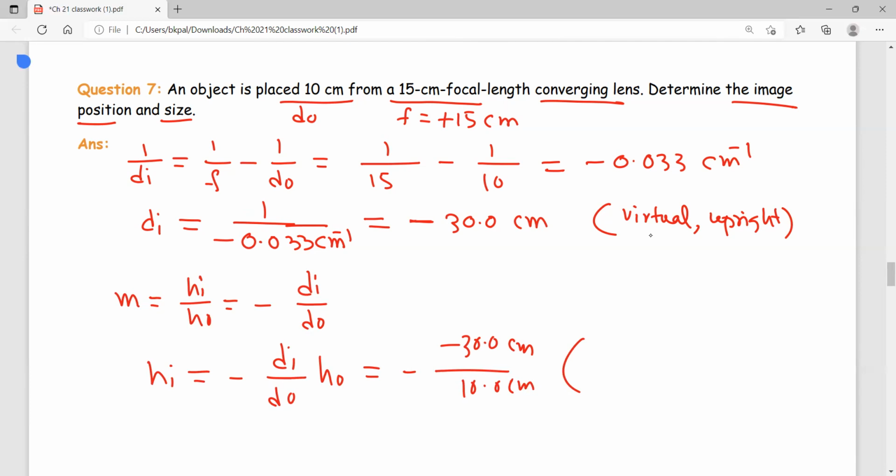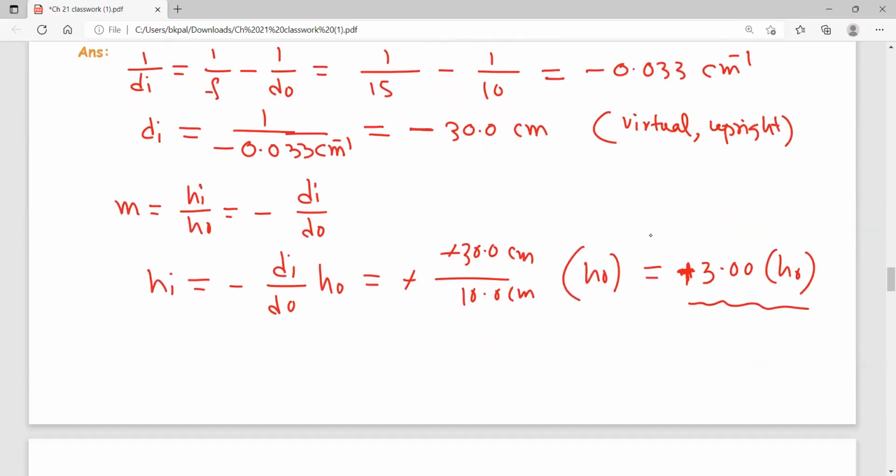So this and this cancel out, and what we get is plus 3 times ho. So the image will be 3 times larger than the object. And this positive sign tells us that the image is upright.